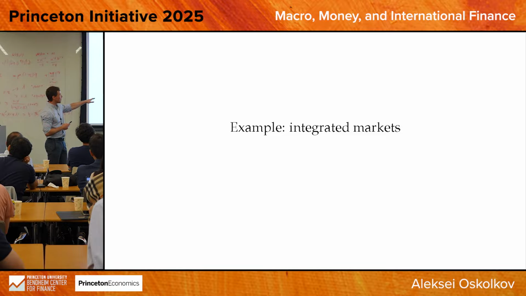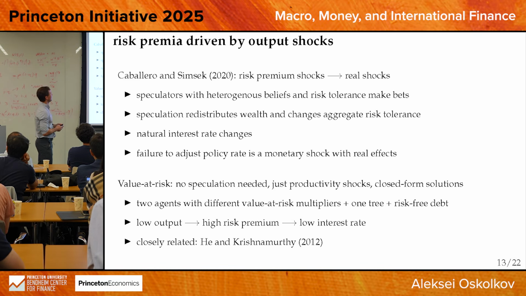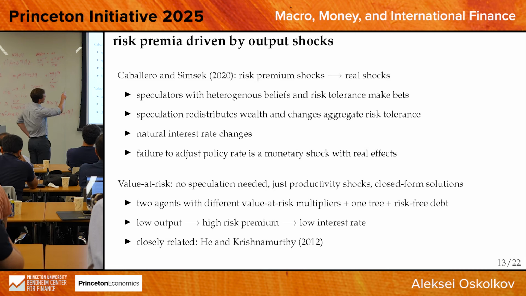But let's start with a recent paper by Ricardo Caballero and Alp Simsek that has 2 agents and 1 risky asset, and 1 risk-free asset, of course. So think about 1 Lucas tree, 1 risk-free asset, and 2 agents with different risk aversions. The story in this paper is kind of powerful.